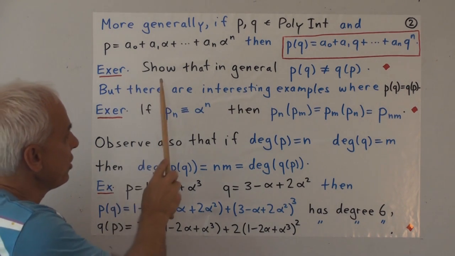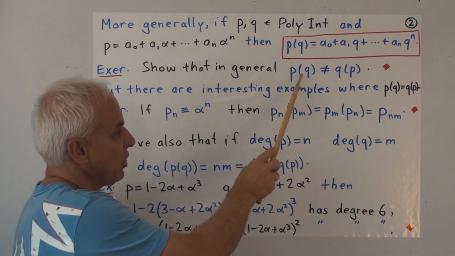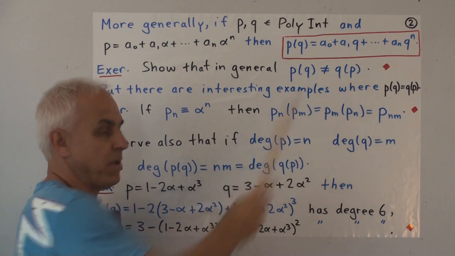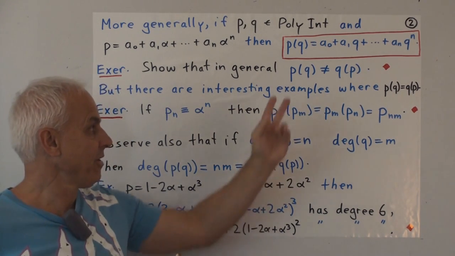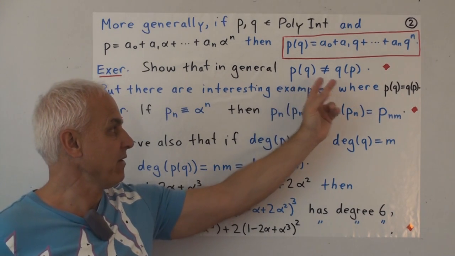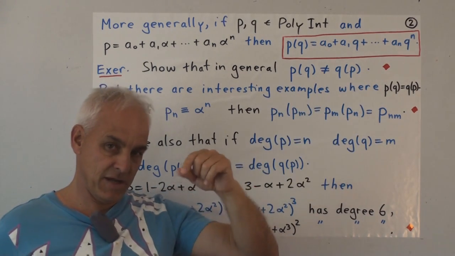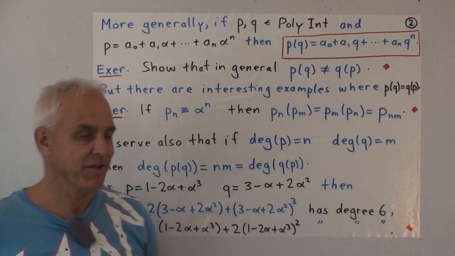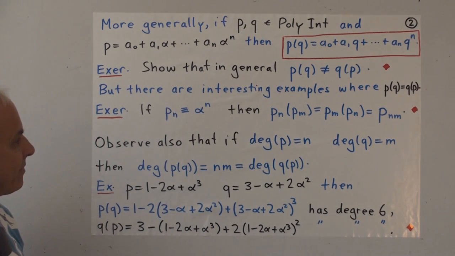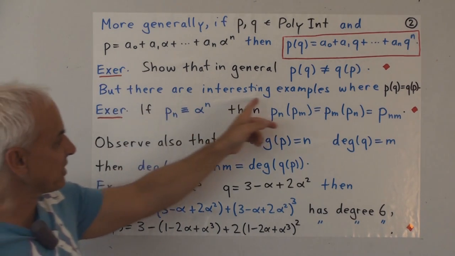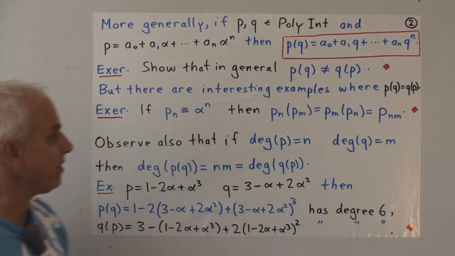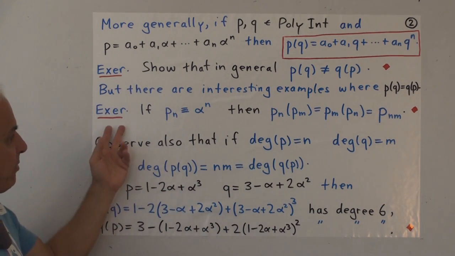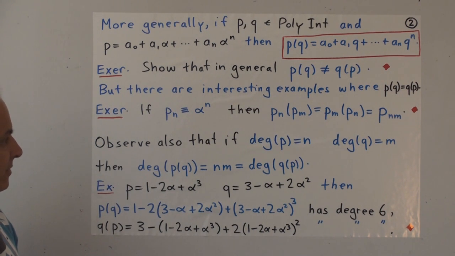Alright, a little exercise. Show that in general, P of Q is not equal to Q of P. If you take two random polynumbers, P and Q, then most likely P of Q is not equal to Q of P. So just make at least one calculation that shows that. But there are some interesting examples where P of Q does equal Q of P. And a very simple example is this one here.